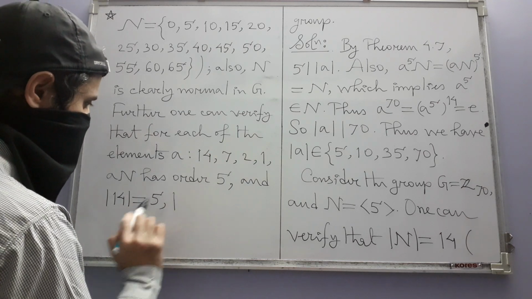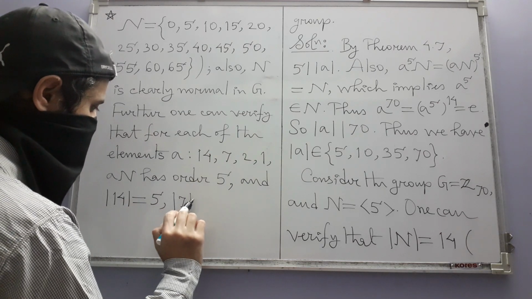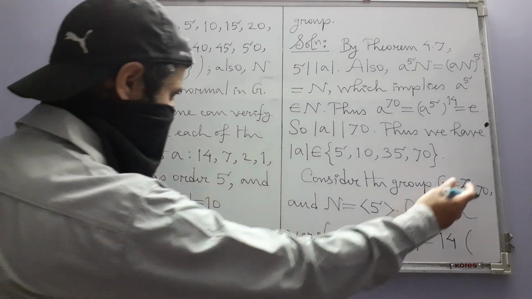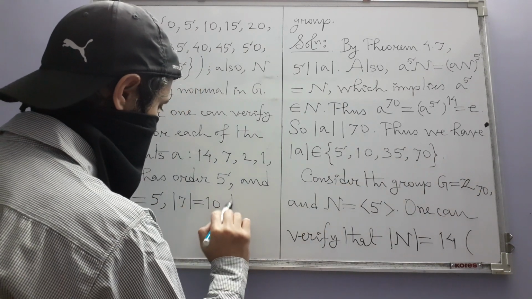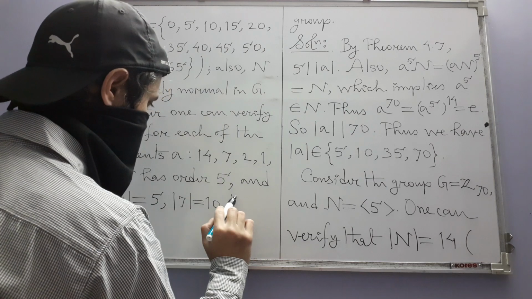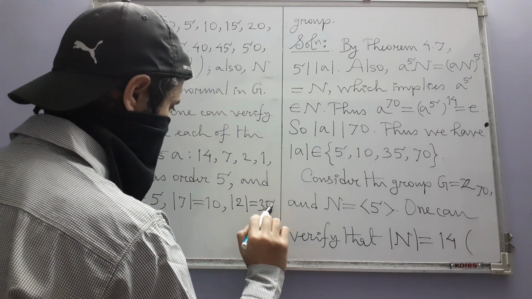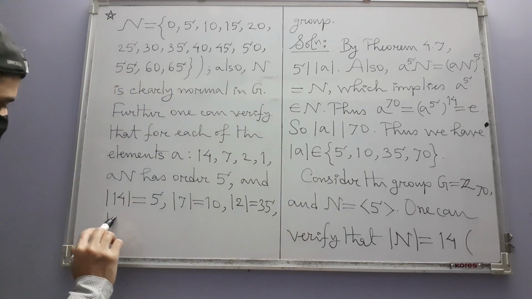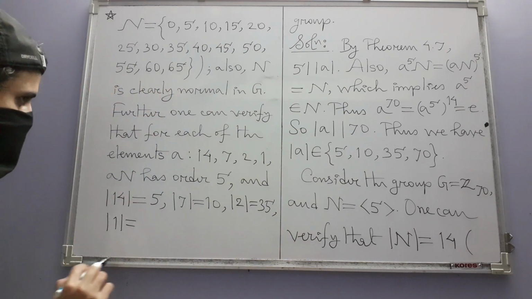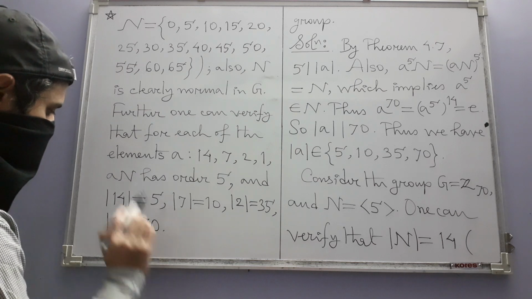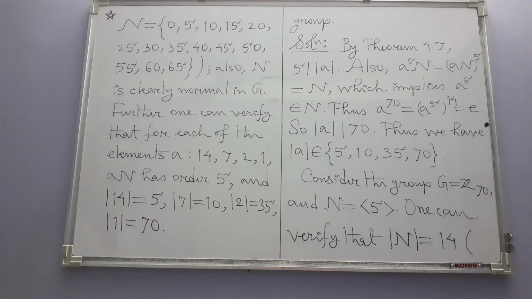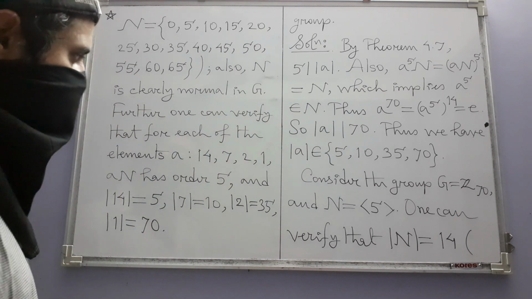The order of 7 is 10 in this group. The order of 2 is 35 and the order of 1 is of course 70. So in this concrete group, those things happen.